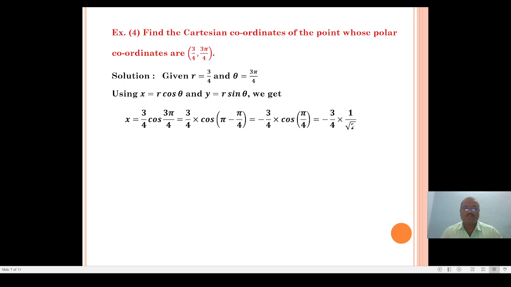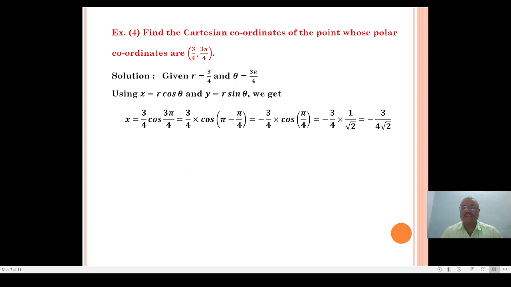So we write angle 3 pi by 4 as pi minus pi by 4. So we get the value of cos (pi minus pi by 4) as minus cos pi by 4, since the angle lies in the second quadrant. So we get minus 3 by 4 into cos of pi by 4, and the value of cos pi by 4 is 1 by root 2.